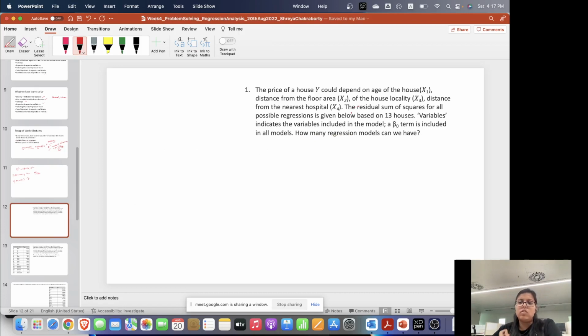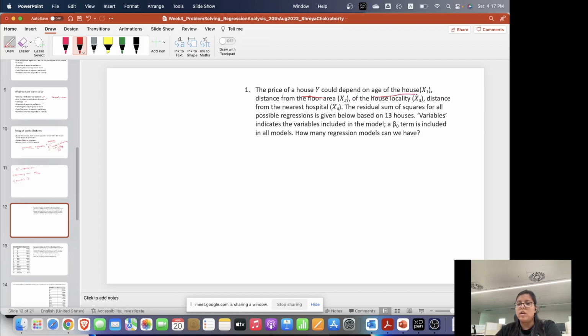I have also said before that predicting the price of a house could be considered as a multiple linear regression problem, because it could depend on a large number of factors. So here, for the sake of this problem, I have selected 4 such predictors on which the price of a house could depend.